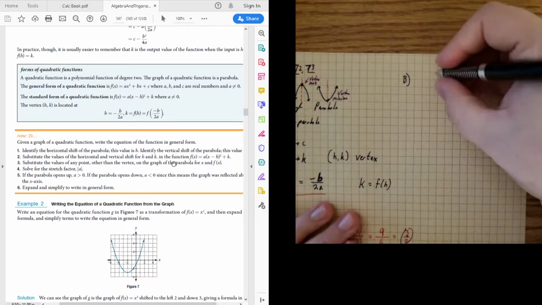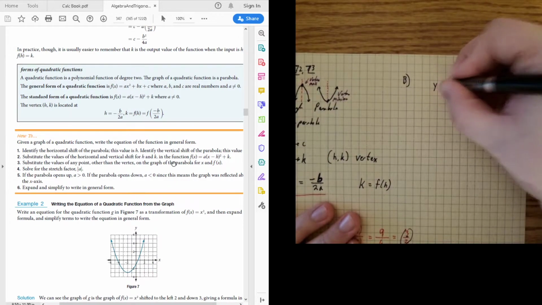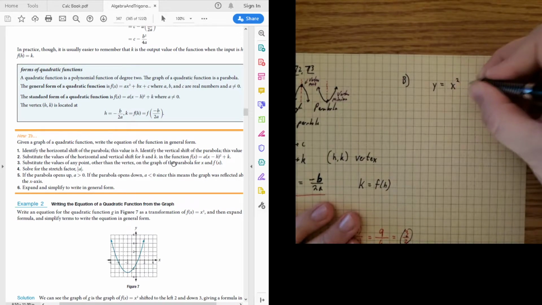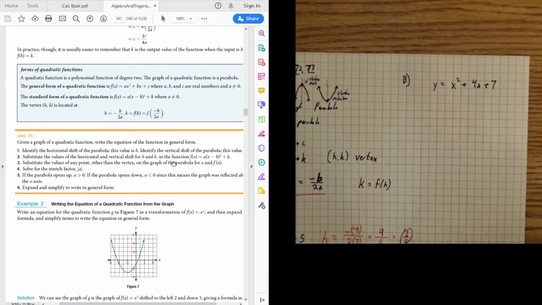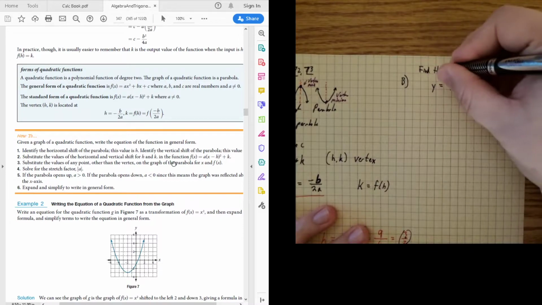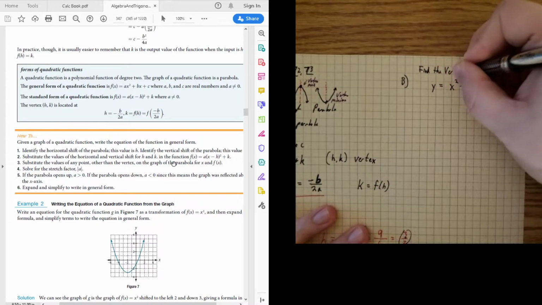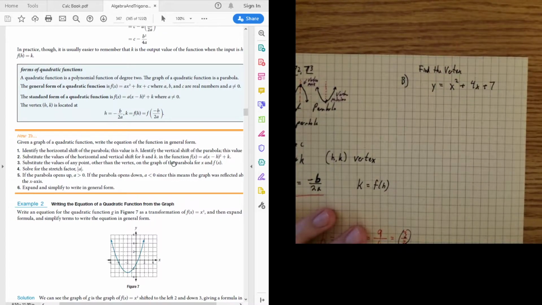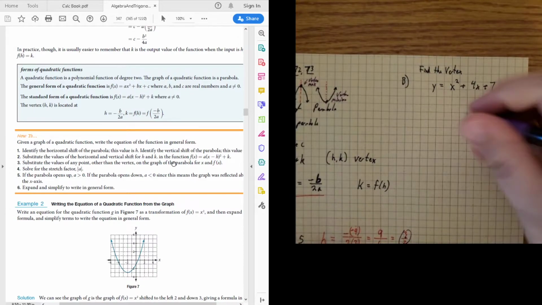Okay, let's use a little bit nicer equation. y equals x squared plus 4x plus 7. Okay, let's do it. So if we are again asked to find the vertex, all we need to do is find first h.